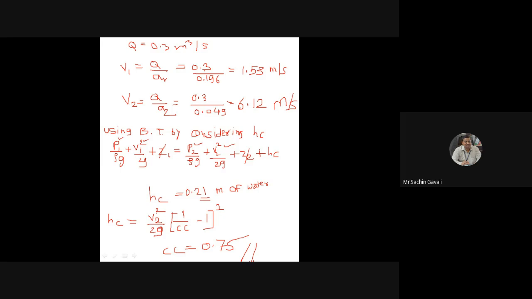Okay, so I think only a few of them, Nikita Pawar and Shivani Nane, got 0.21. Others, then the CC value is 0.75.